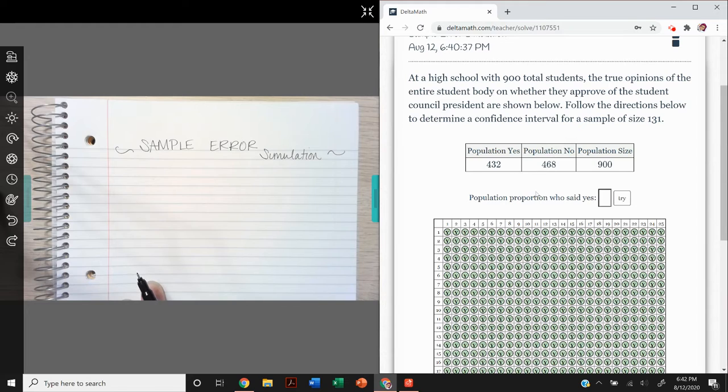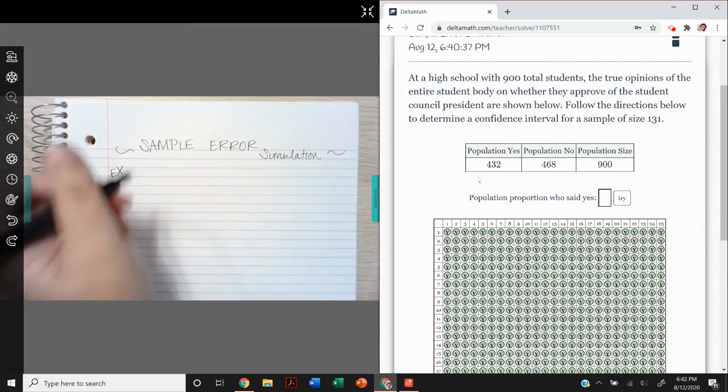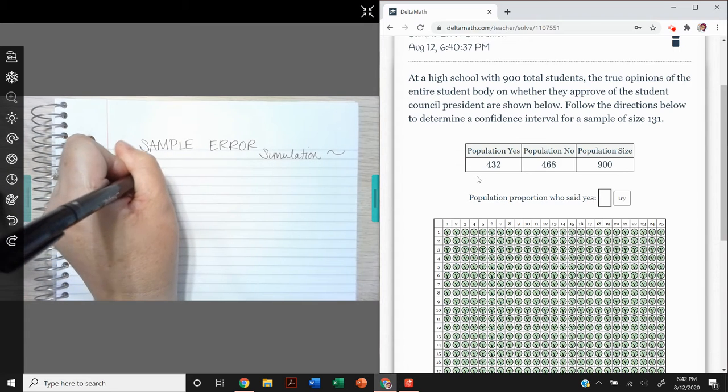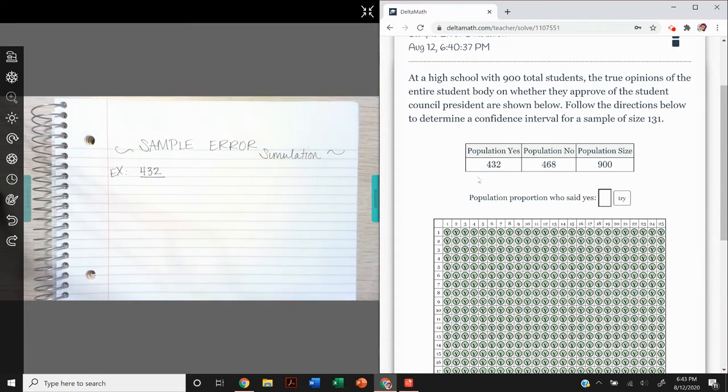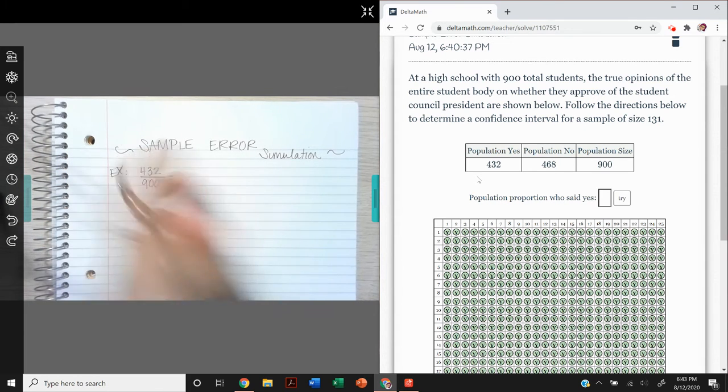All right, so now they want us to calculate the population proportion who said yes. So all I do over here is I take the people who said yes, so 432 people said yes, and I'm going to divide that by the actual population, which is 900.